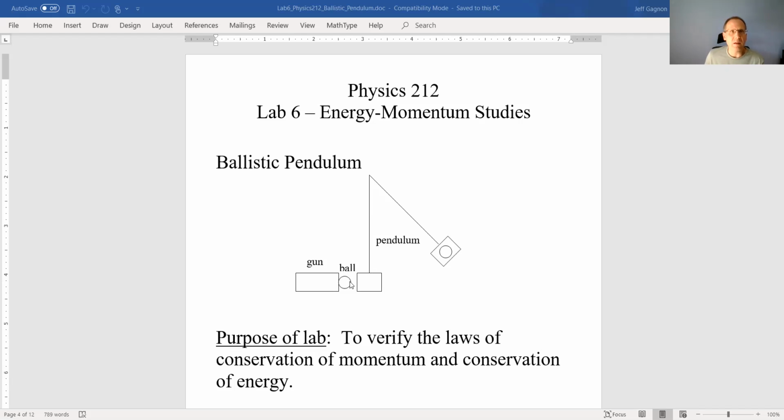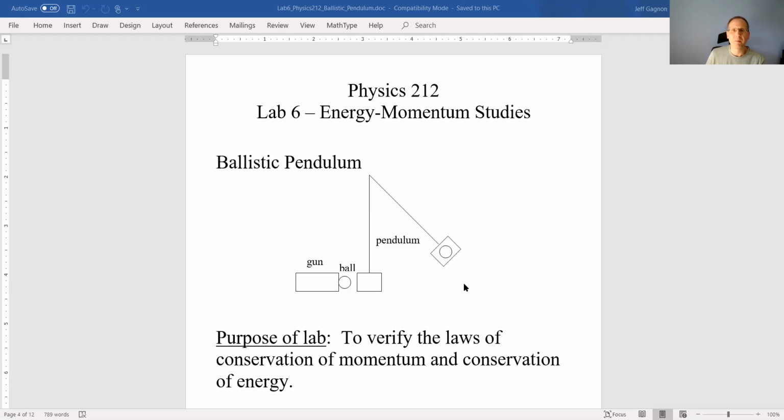Due to Newton's third law, those forces are equal and opposite, equal magnitude, opposite direction, so they sum to zero. They're internal to the system. There are no other net external forces acting. We have a tension in the rod, but we also have a weight, and those balance each other out, right? So we can ignore those.